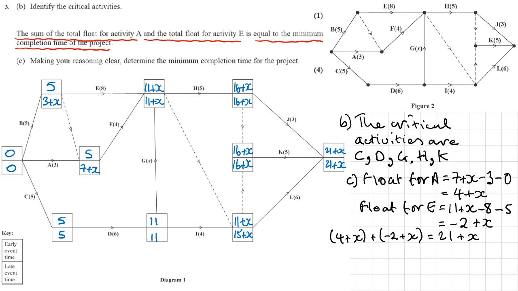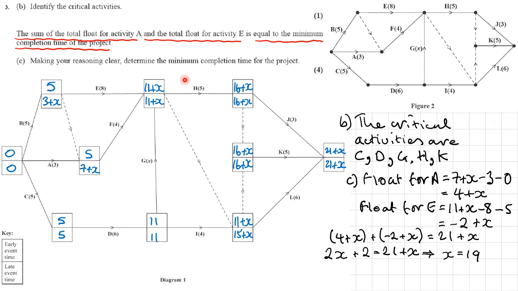So if we put this all together, we'll have 2x plus 2 is equal to 21 plus x. So it's just about solving this. If you take x away from both sides, we'll have x, and then if we take away 2 from both sides, we'll get x is equal to 19.